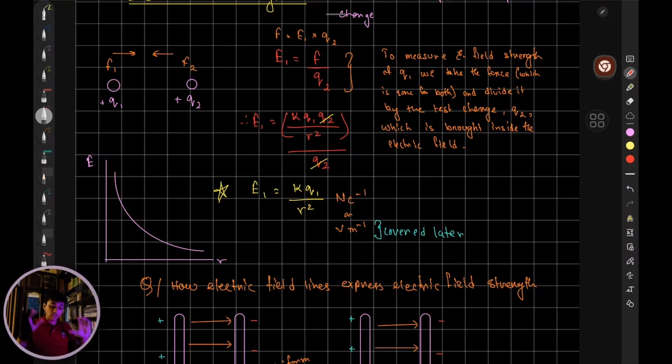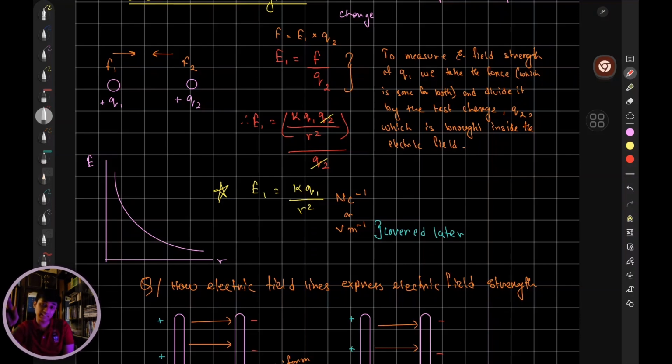Simple. What is the unit of electric field strength, by the way? It is Newton per Coulomb, as mentioned over here, N/C. There is also another unit for this. You can figure it out using base SI units, but this is going to be covered in another chapter when we learn about electric potential.